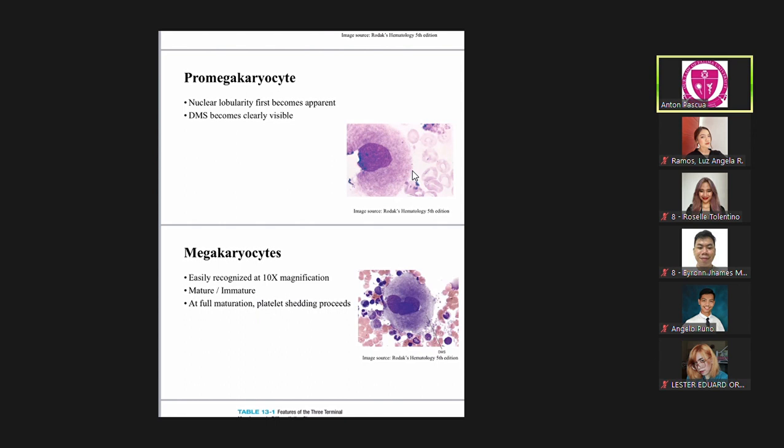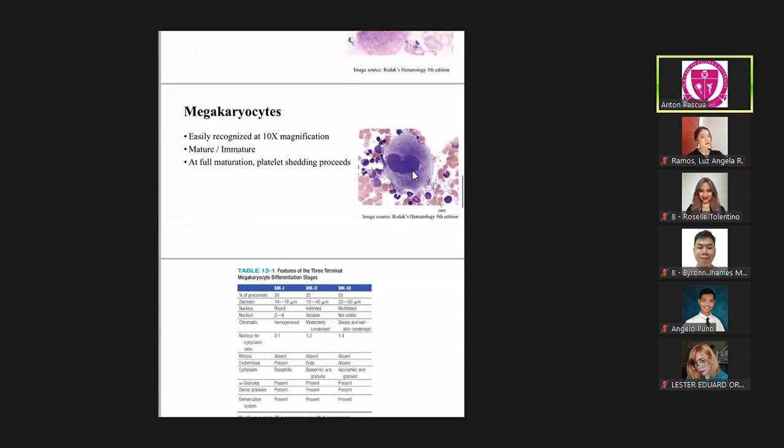Kasi when you reach your megakaryocyte, that is when you will now start to create or release out your platelets. O dyan na siya. Ganyan na siya ilalabas. And megakaryocytes could either be mature or immature megakaryocyte. O pag sinabi nating mature, it can release out the platelets. But if it's immature, it will not release out the platelets yet.